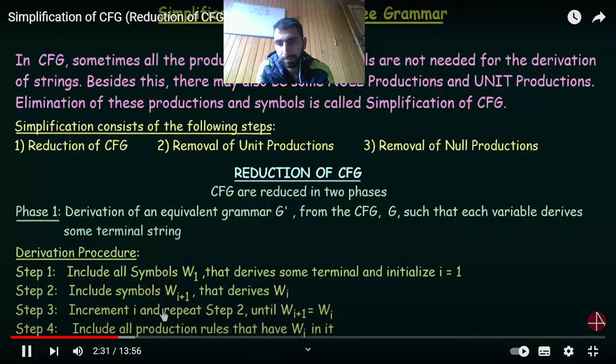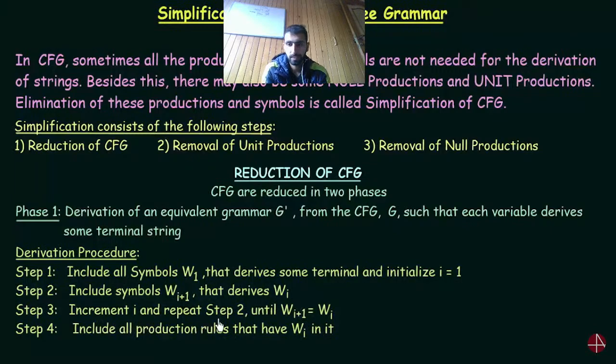Then we increment i and repeat step 2 until Wi plus 1 equals Wi. So we repeat this step until we reach a stage in which two consecutive steps produce the same sets.